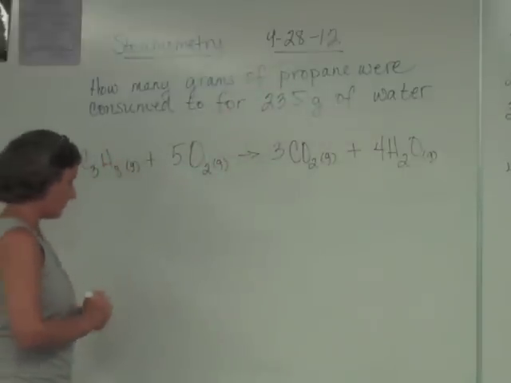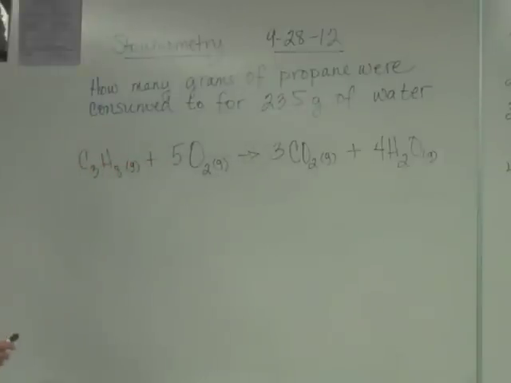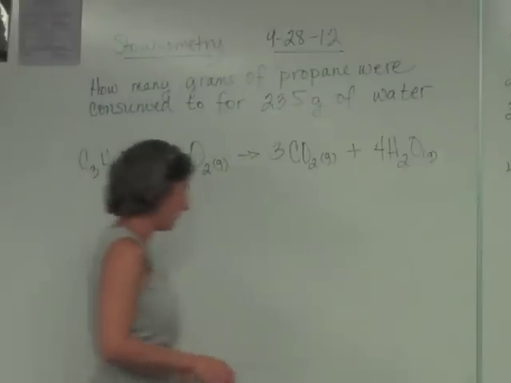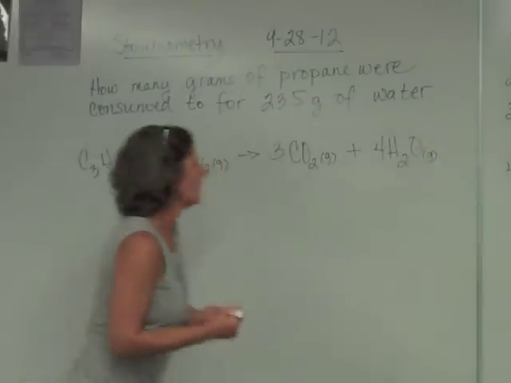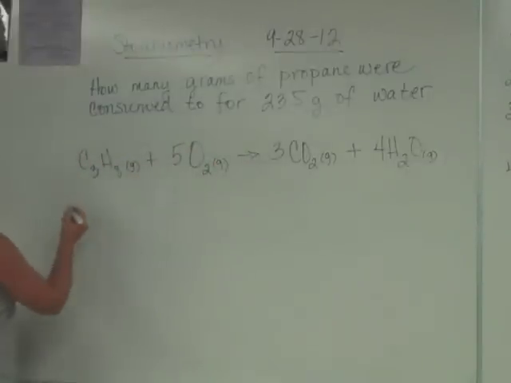Okay, and then you just let the units guide you. So let's do this thing. I start with, let's go with green, I start with what? 23.5 grams of water. That's my given in this problem.